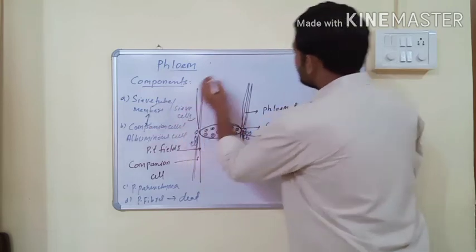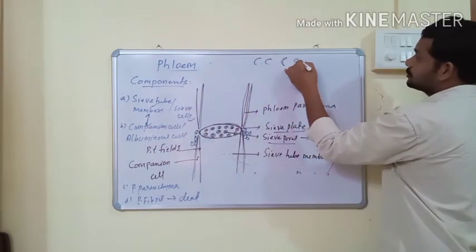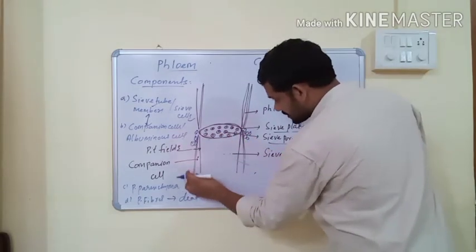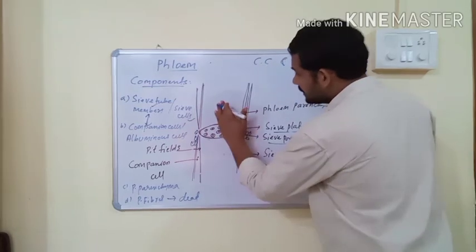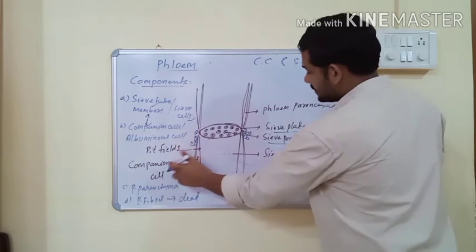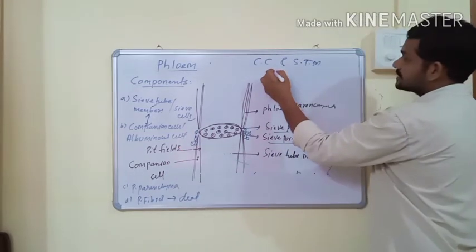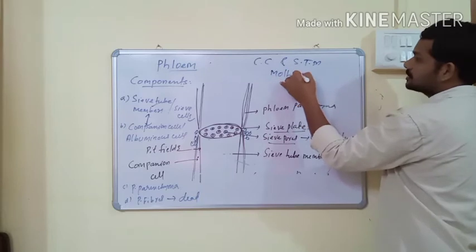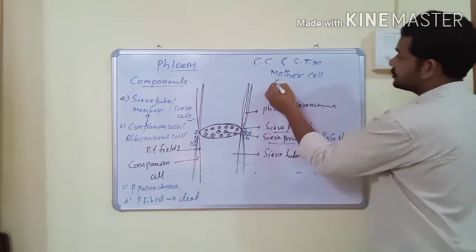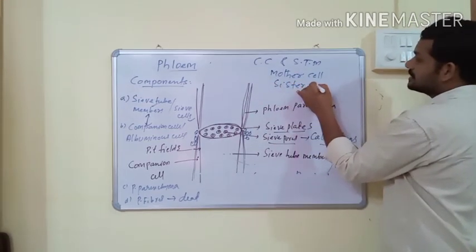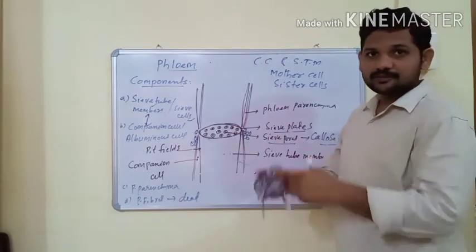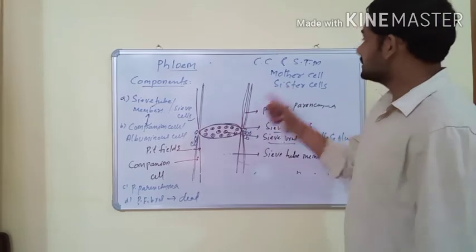This is a companion cell, and this companion cell is always associated with this sieve tube member, because both the companion cell and the sieve tube member originate from the same mother cell. Hence, both are called sister cells.